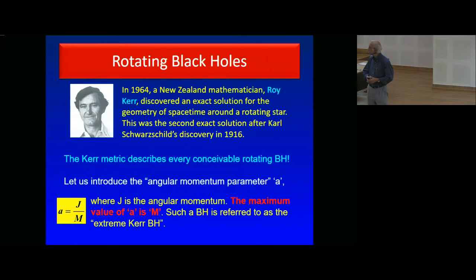January or February 1916 was Schwarzschild's exact solution of Einstein's equation. And one had to wait a very long time. In 1963, the paper itself appearing in the journal in 1964, the New Zealand mathematician Roy Kerr discovered the exact solution for the geometry of space-time around a rotating star.